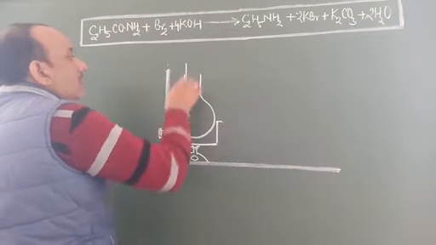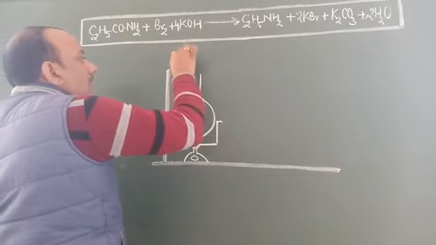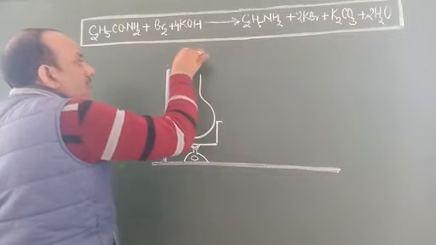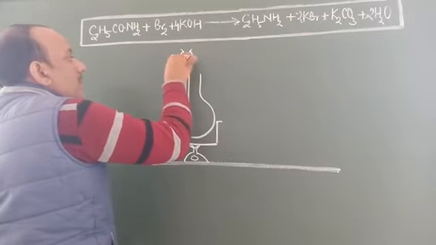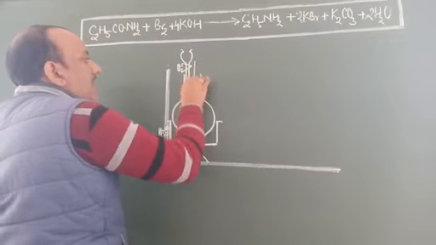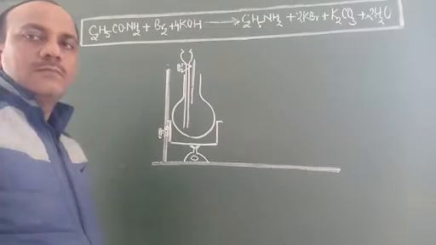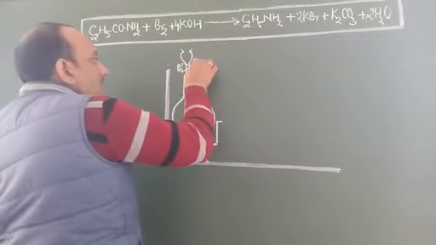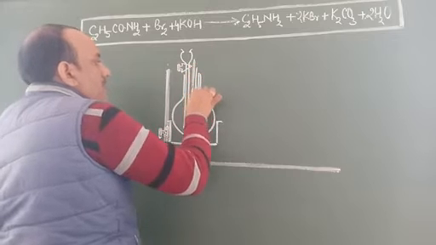On the mouth part, we fix the thistle funnel, a thermometer for measuring the temperature, and a conjugation tube for collecting the products.